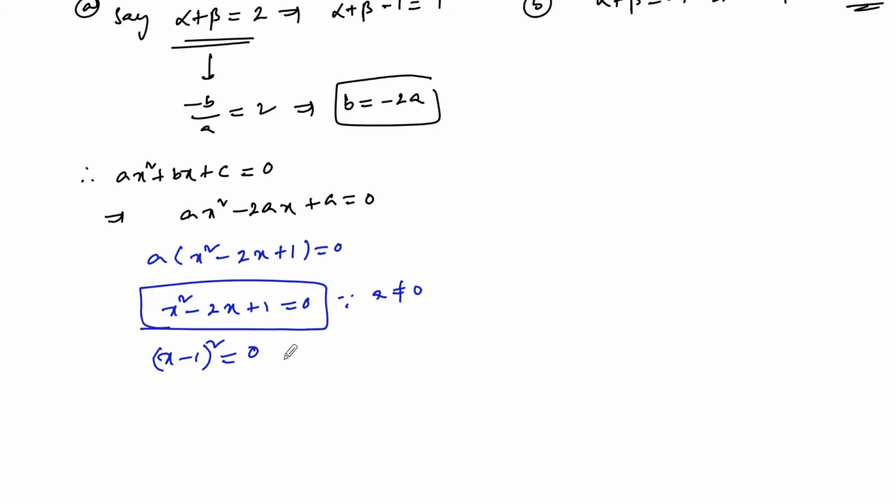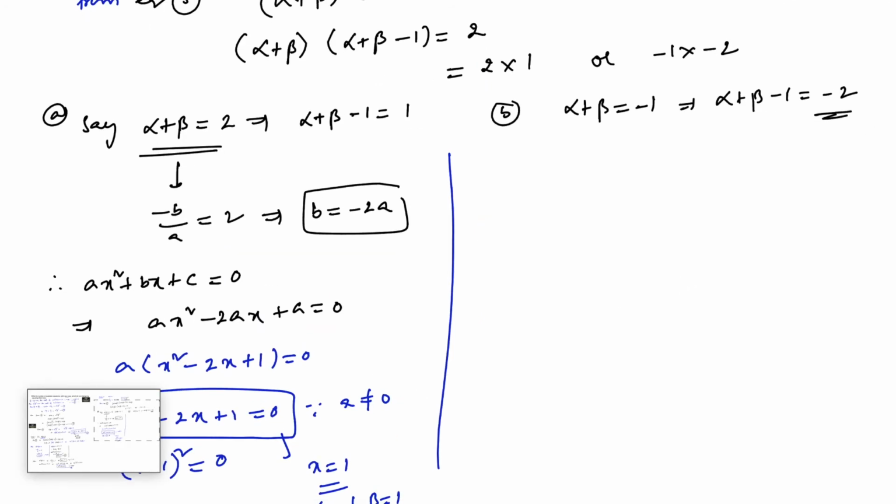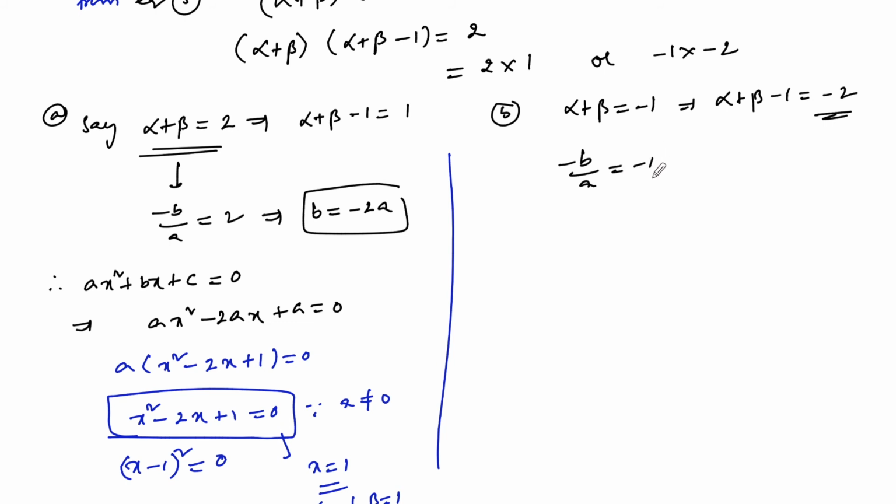You are getting the root x is equal to 1. Say this is alpha is equal to 1 and beta is also equal to 1. Equal roots you are getting. And in the next case, when alpha plus beta is equal to minus 1, that is minus b upon a is equal to minus 1, which implies minus b is equal to minus a, or b is equal to a, and c is equal to a.